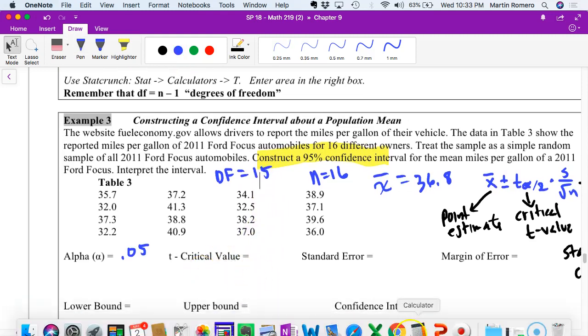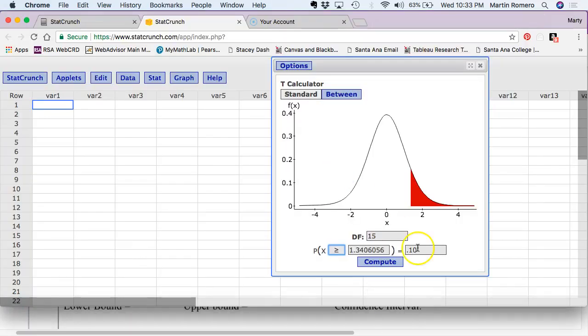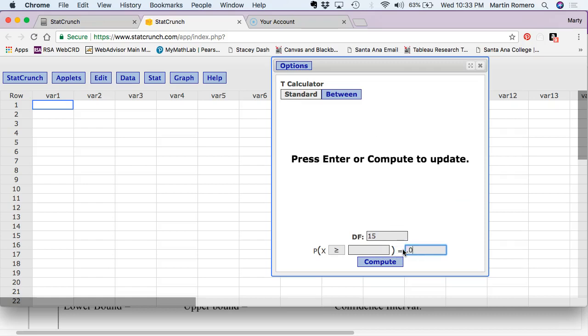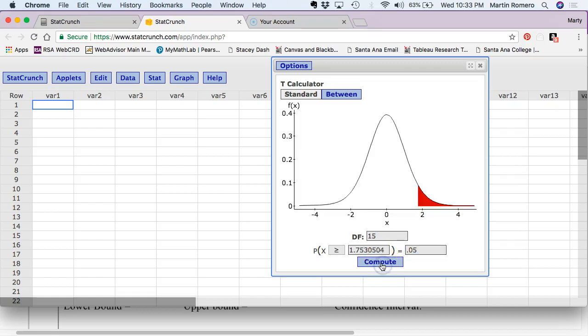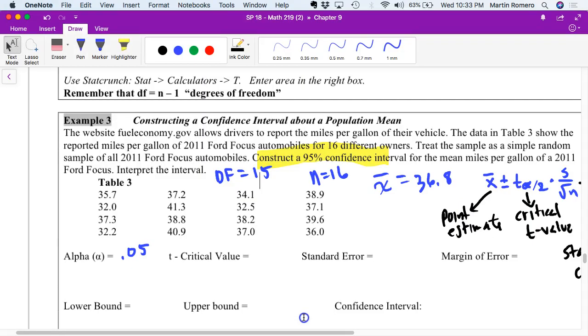To get the t critical, you go to StatCrunch. Put 15 again, and 0.05 would go here. So 1.753 would be our critical value that we're calculating here.